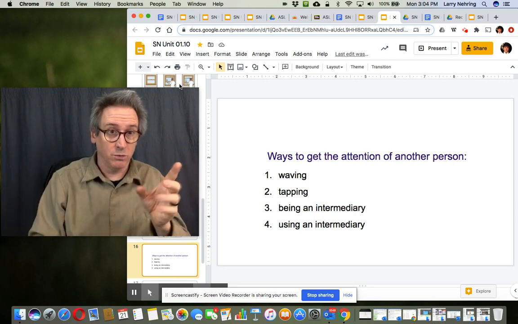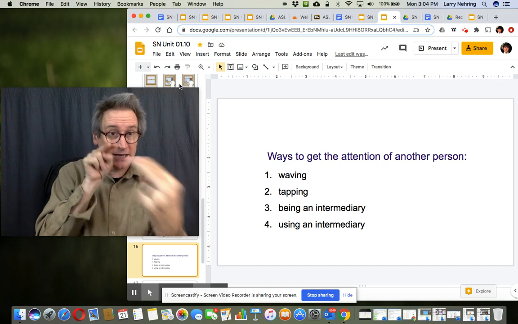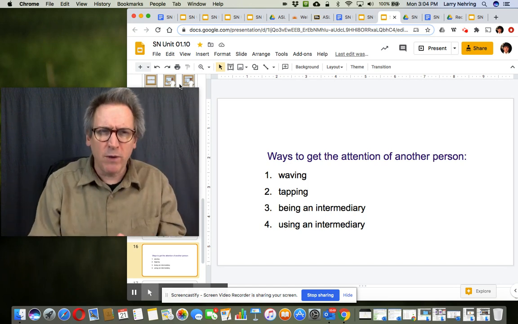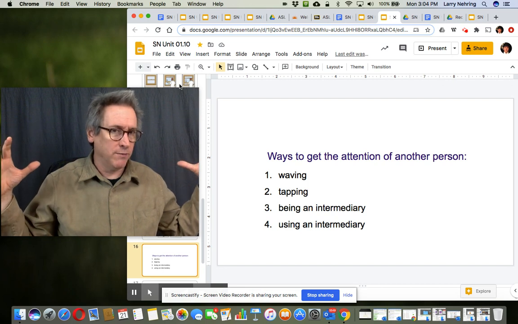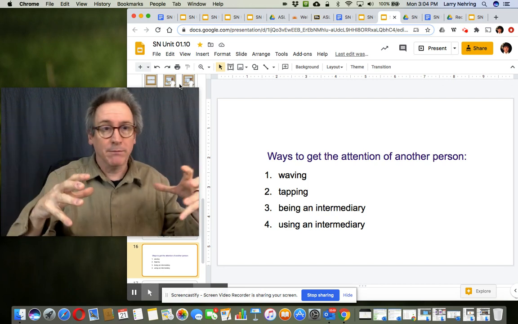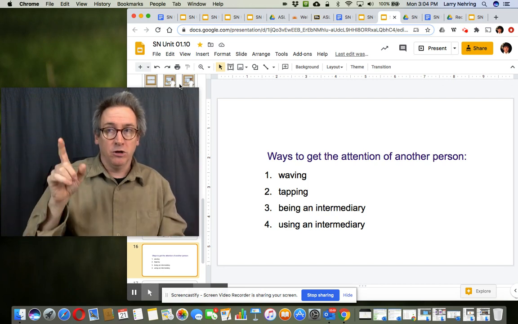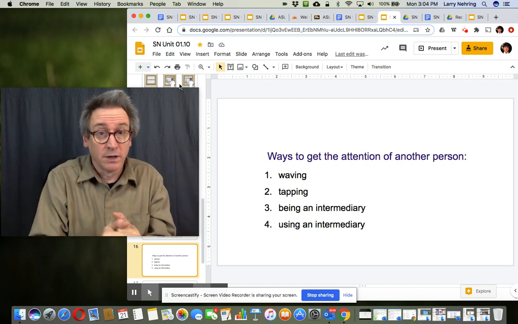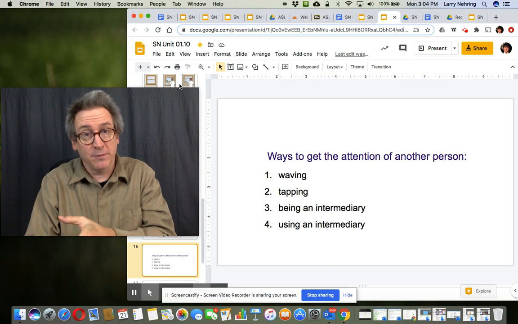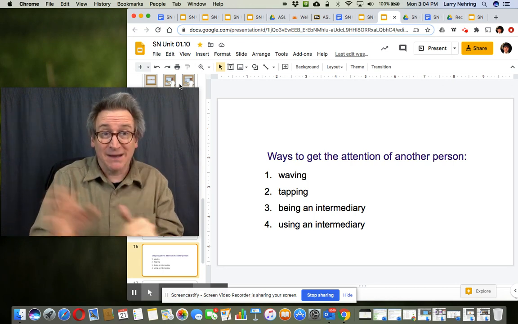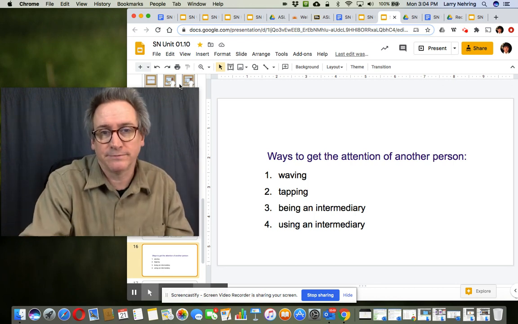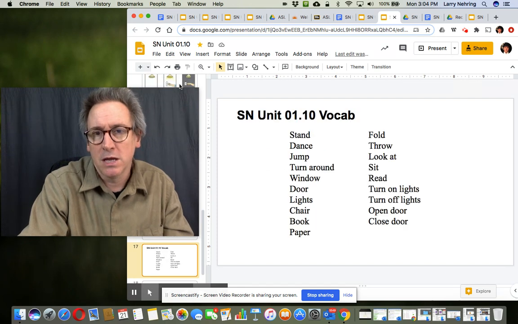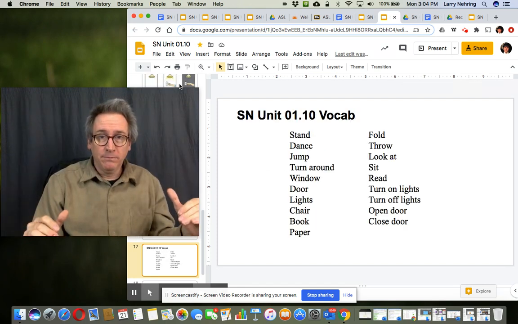We have to use visual, which means you have to have direct eye contact. So just be aware that as we're getting into a more immersive environment, you are going to be asked to help out with communication. It's just part of the community. So either being an intermediary or using an intermediary, someone to help you do the conversation or get that person's attention.